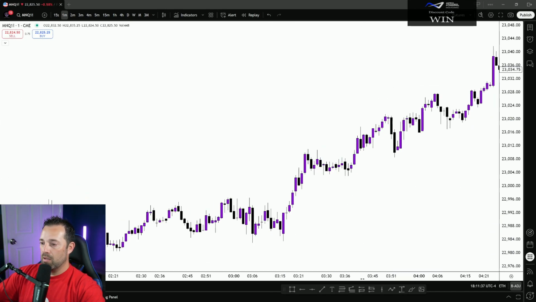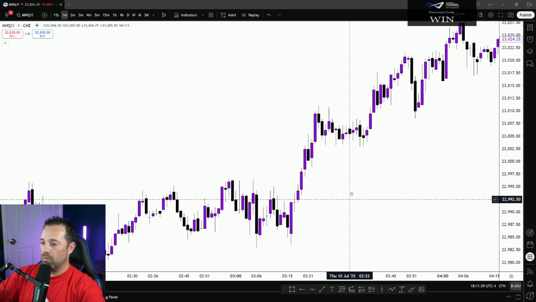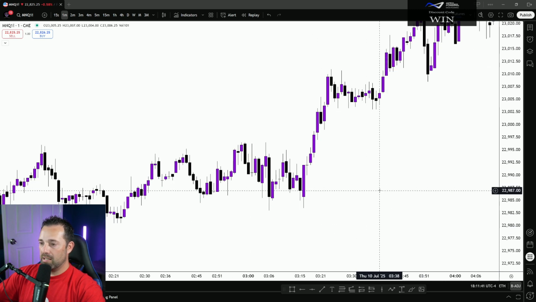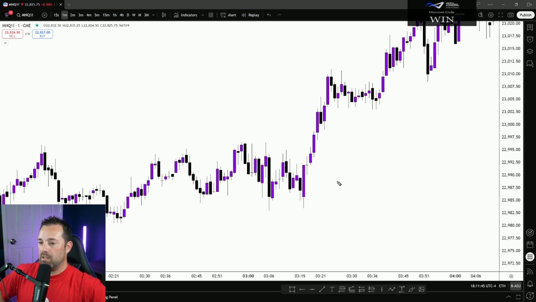A fair value gap is going to look like this. In this example, there are fair value gaps all over the place. Just because you see things doesn't mean you can just use them all the time. That's why my framework video is so important, because it shows how to use some of this stuff.